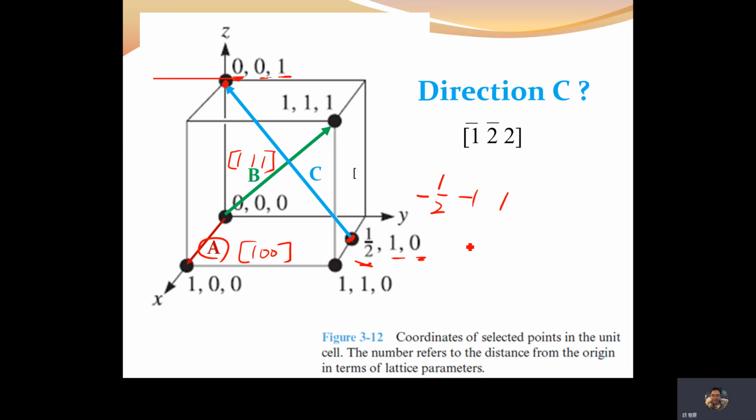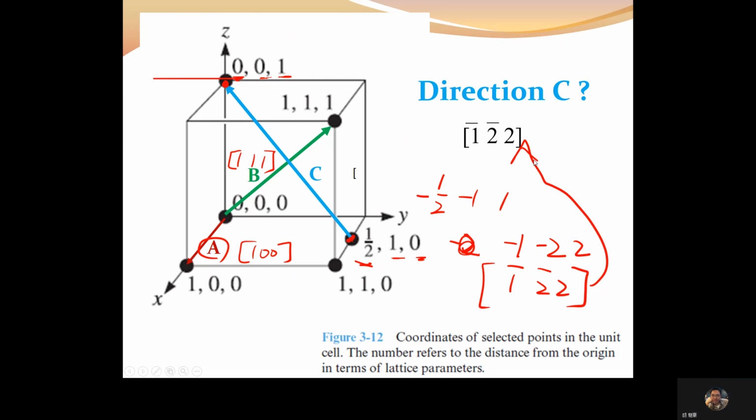Adjust to the smallest integer: minus 1, minus 2, and 2. Use the overbar to represent the minus sign: 1 bar, 2 bar, 2. Therefore we get this. It's not difficult, it's just a vector.